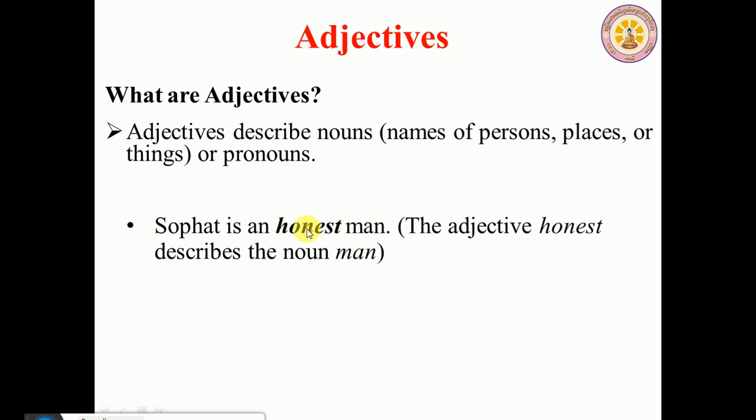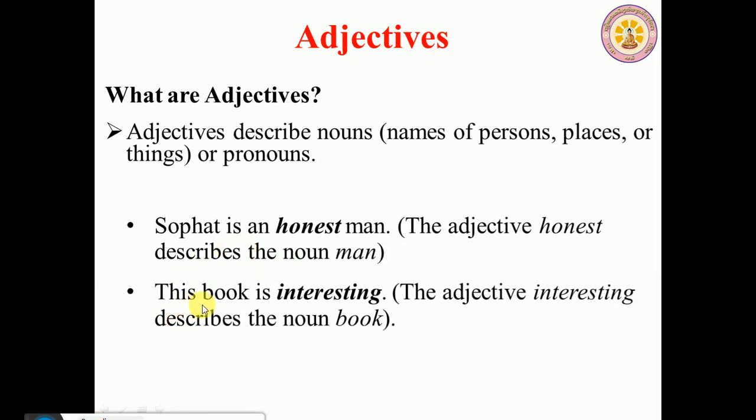So the word honest is an adjective. It's used to add more meaning to the noun man. Man is the noun. So noun needs adjective to describe. So as you know, a descriptive word is used to add more meaning to the noun, to be specific, to be clear.